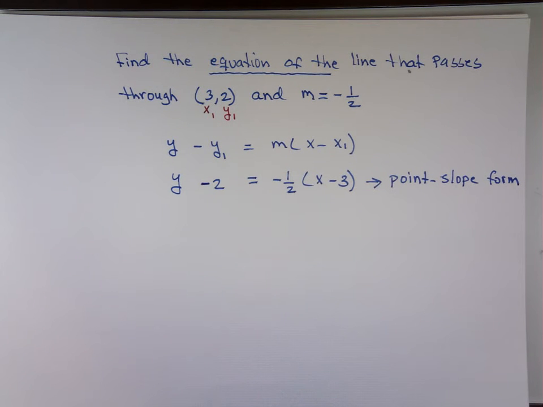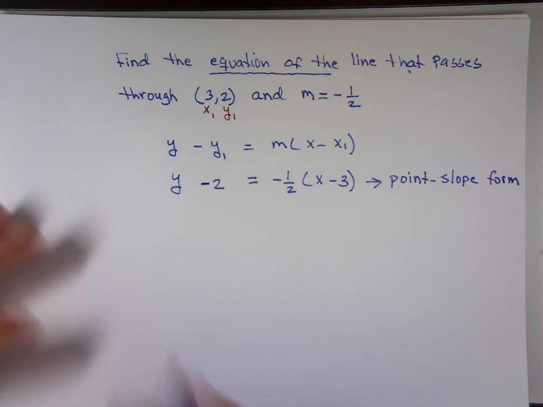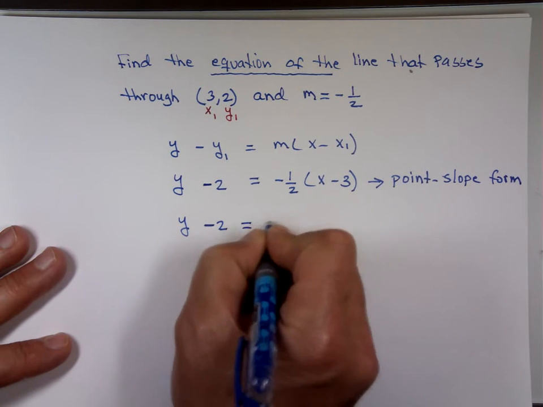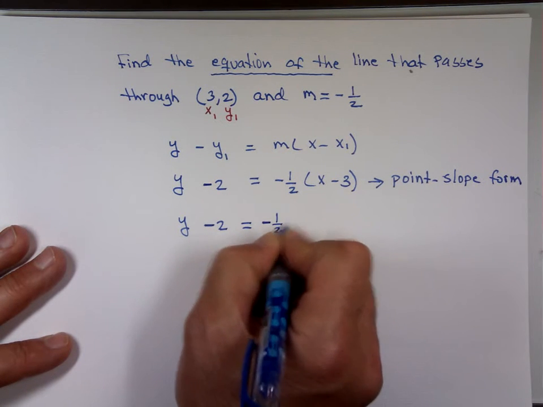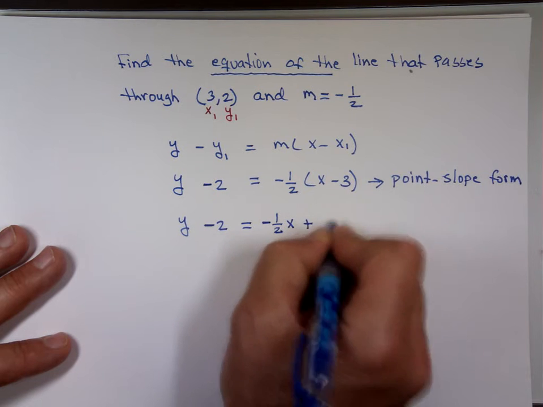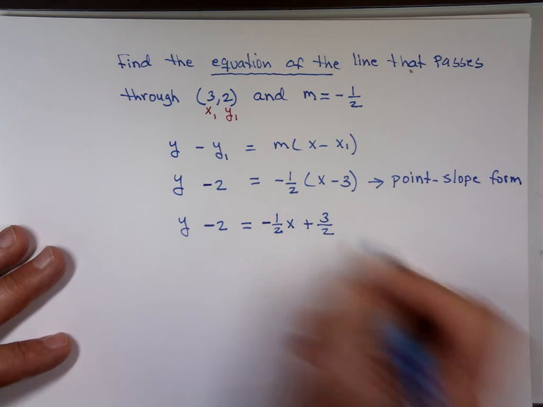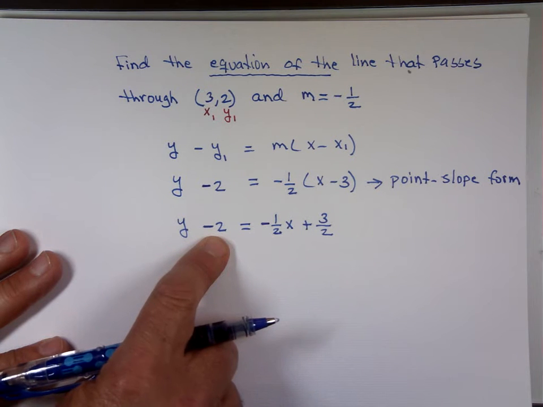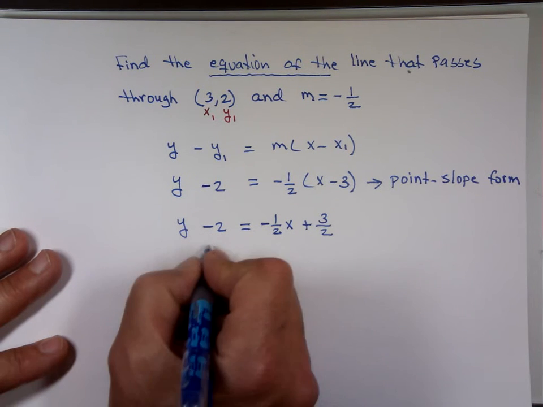But if they ask you to simplify that, solve it for y, which you can. If you want to solve it for y, what are you going to have? Yep. It'll be negative 1/2 x plus what? 3/2. And to get rid of the minus 2 here, what do you do? Add 2 to both sides.